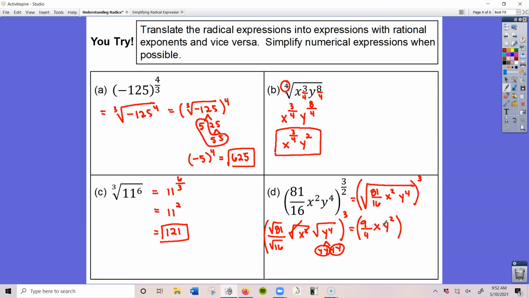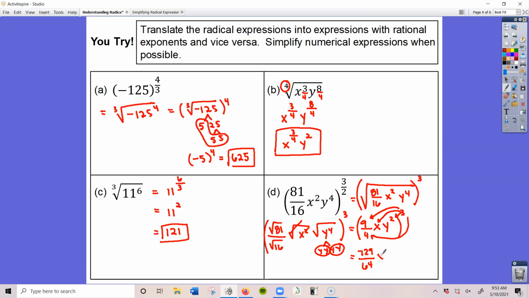And now what I'm going to do is apply the exponent of 3, which we have to apply to every part of what's inside the parentheses. So I'm going to apply the exponent of 3 to the 9, to the 4, to the x, and to the y. 9 to the third power is 9 times 9, which is 81, times the third 9, which is 729, over 4 to the third, which is 4 times 4, which is 16, times the third 4 is 64.